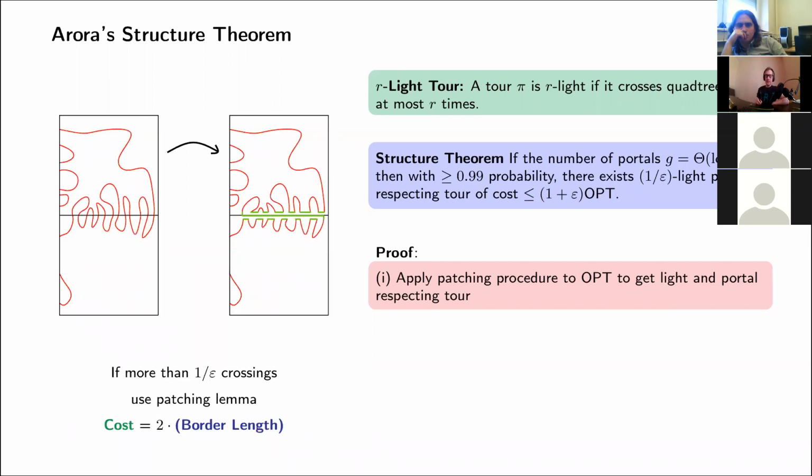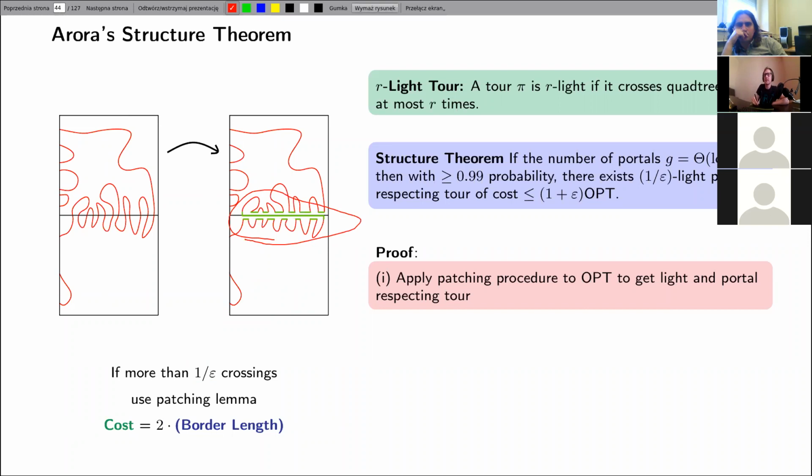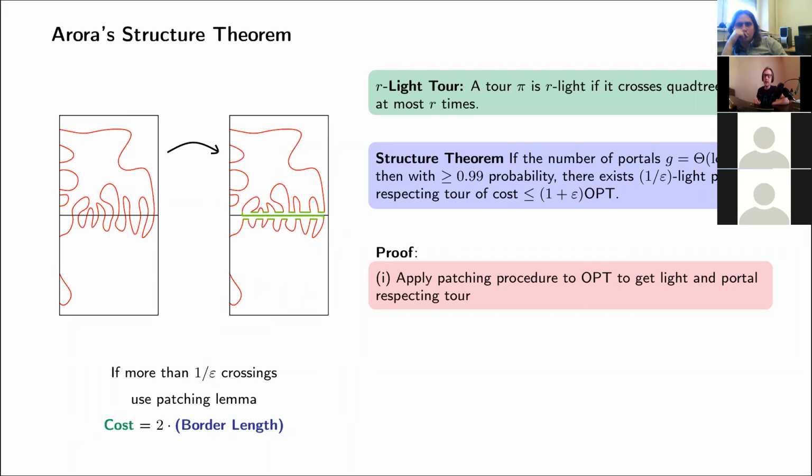If the tour is crossing this edge more than 1 over epsilon times, then Arora modifies this tour like this with the patching lemma to make it cross only a constant number of times. And the cost that he has because of this patching lemma is only 2 times this border length.